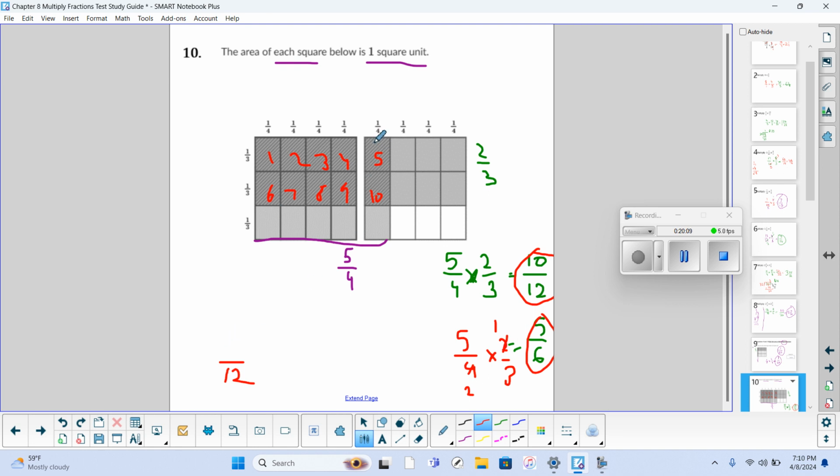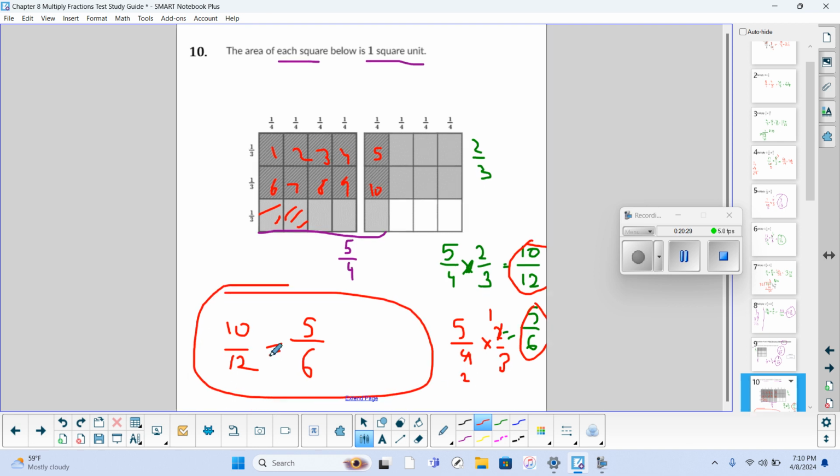So imagine if I moved this piece down to here, and I move this piece down to here, right? What you would see is 10 out of 12 shaded, 10 twelfths, which is also equal to 5/6. I know it was a long explanation, but I wanted you to be able to see it visually and also by multiplying.